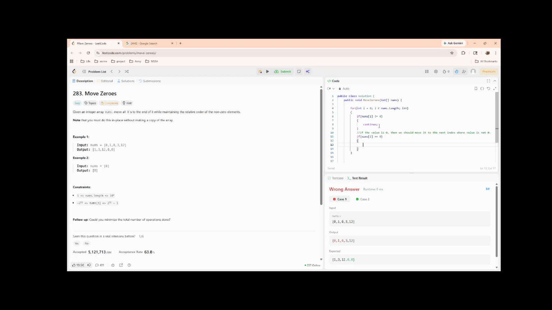I mean, technically, we could just swap regardless of the value of the following index, because next time, the next index that we iterate to.